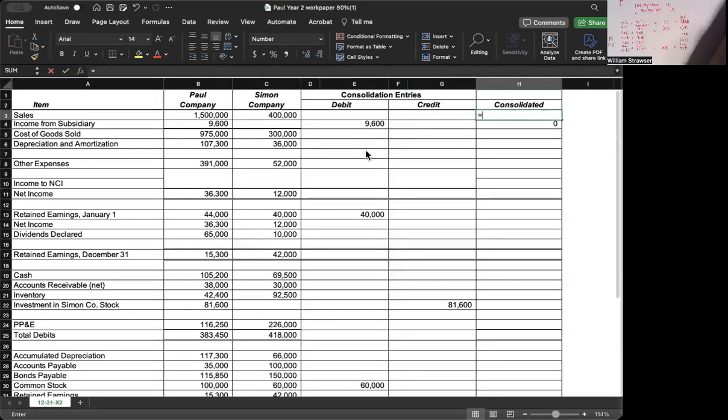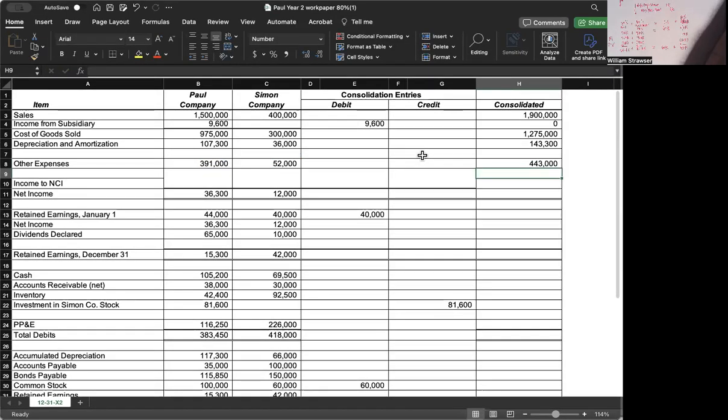Now, the rest of the income statement would combine the revenues and the expenses of these accounts together. That one zeros. The cost of goods sold accumulate. The depreciation and amortization accumulate. Other expenses accumulate between the parent and the subsidiary.